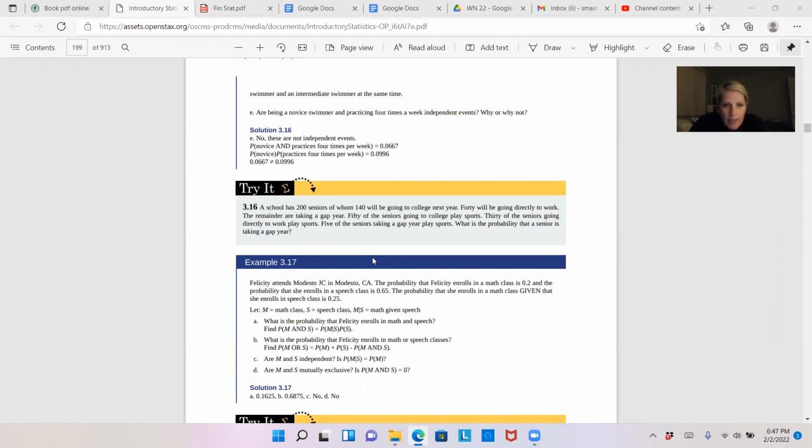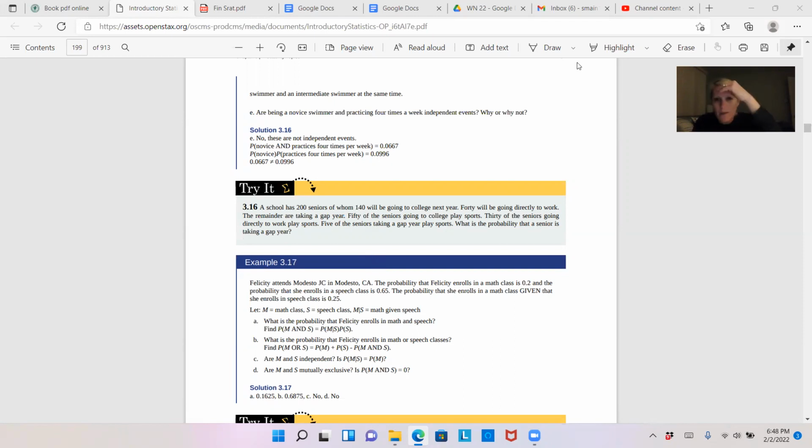The remainder are taking a gap year. 50 of the seniors going to college play sports. 30 of the seniors going directly to work play sports. 5 of the seniors taking a gap year play sports. What is the probability that a senior is taking a gap year?